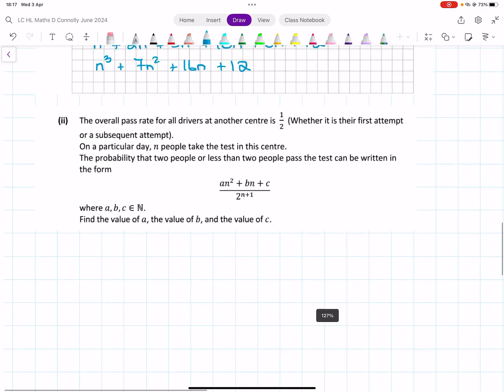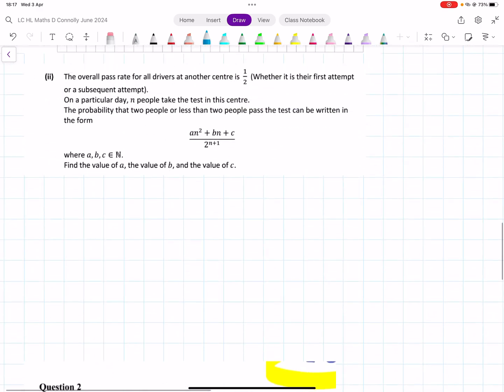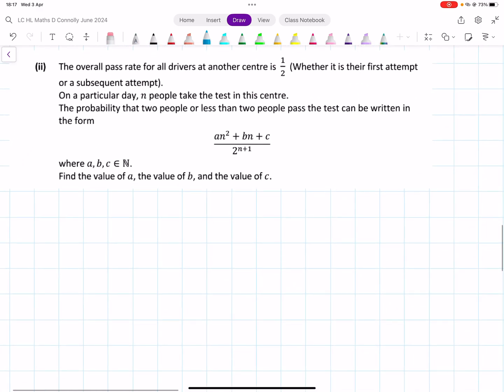Okay, this is actually the end of a question, I think. Anyway, the overall pass rate for all drivers at another test centre is 1/2. So the probability of passing is 1/2, which means the probability of failing is 1/2, whether it is their first attempt or subsequent. On a particular day, n people take the test in the centre.